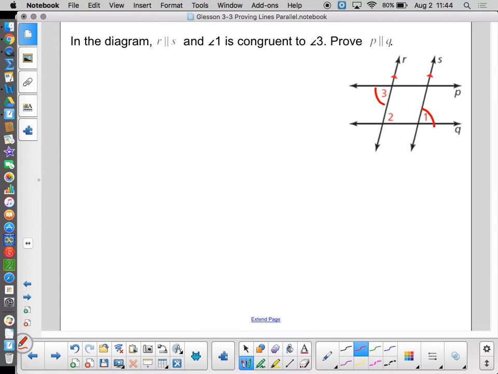Well, if that's the fact, then angle 1 must be congruent to angle 2 because they're corresponding angles. And angle 2 and angle 3 are now congruent because of substitution. If 1 is congruent to 3 and 1 is congruent to 2, then 2 must be congruent to 3. 3 and 2 are alternate interior angles, which means that if they are congruent, then these lines must be parallel.